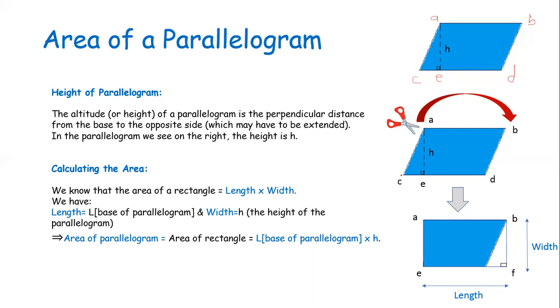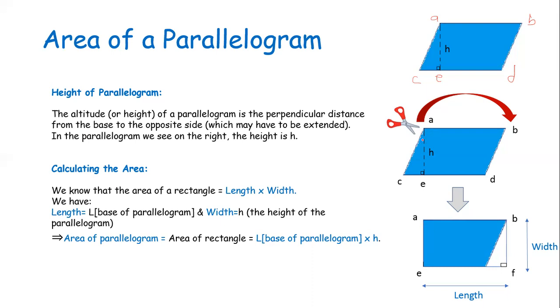Imagine that you are cutting it and removing it from its place. So you will no longer have this triangle AEC, but you will end with the edge AC as in here.